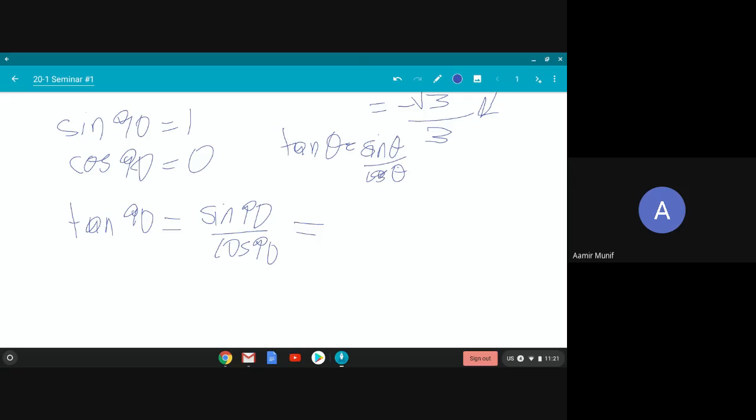Using this identity, sine theta I know is 1, but what's cos theta? Cos of 90 is 0. So what's the problem here? Your denominator can't be 0. So tan of 90 is actually undefined, okay?